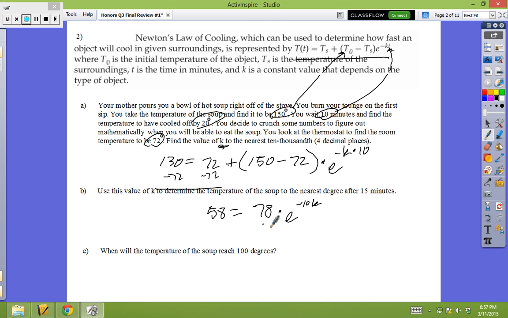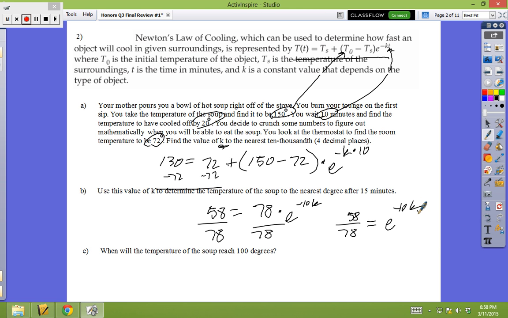All right, now let's ditch this 78. Let's divide this by 78, divide this by 78. So if we've got 58 over 78 equals e to the negative 10K.